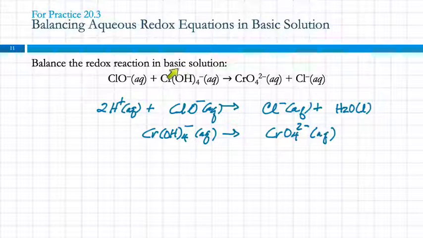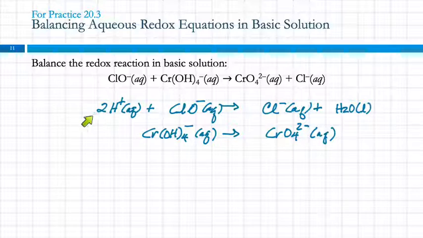If this said acidic solution, I could move on to the next thing, but this is basic solution, so I have to add one more step. Wherever I have hydrogen ions, I have to add hydroxide ions. This is balanced with respect to mass, but the kind of solution is wrong.